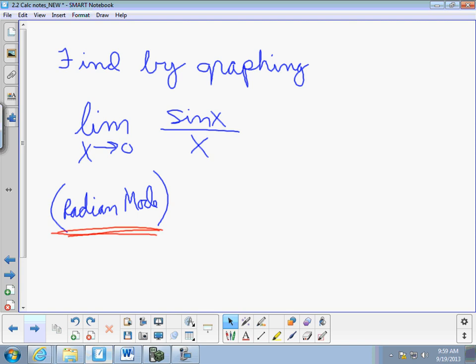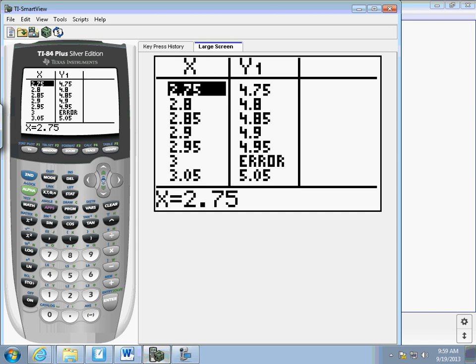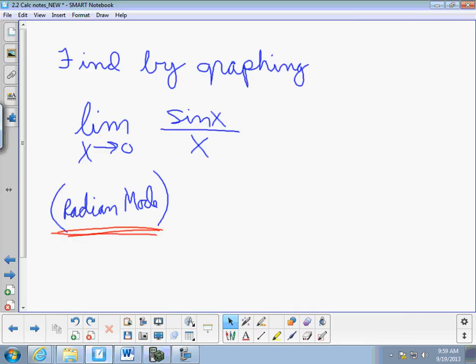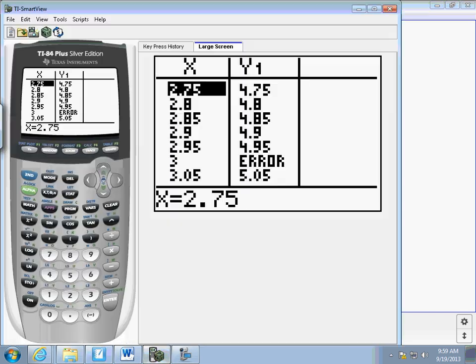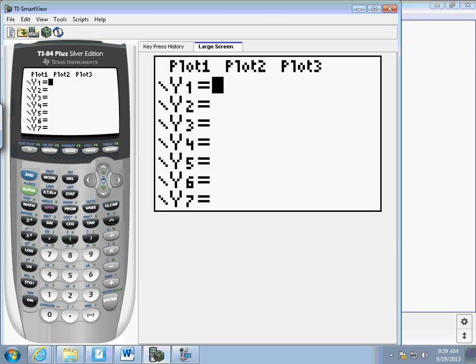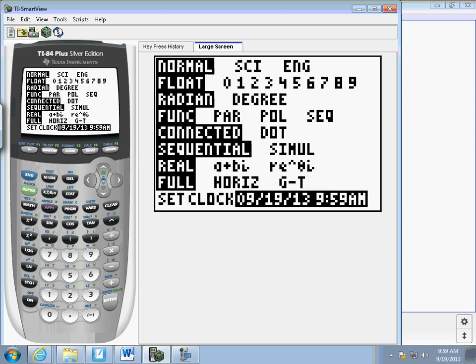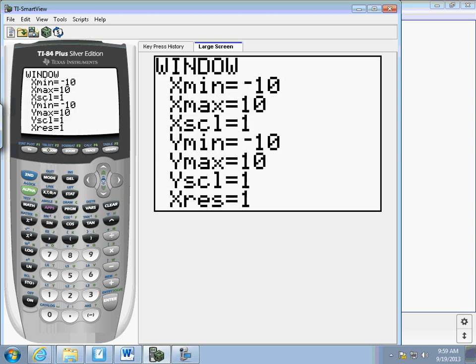Graph this on your calculator and take a look at what it looks like. Be in radian mode. So I'm graphing sine of x over x. I'm going to do a window: negative 10 to 10 is okay, but only go to positive and negative 2 on the y scale.